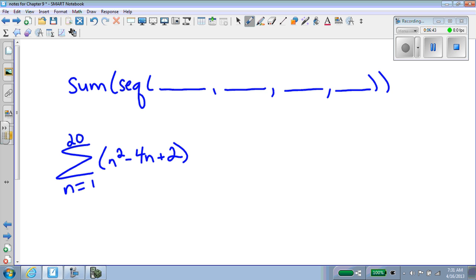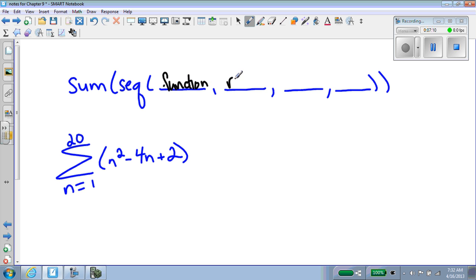Last thing, if I wanted to use my calculator, suppose it's just too big a problem. Like I want from the first to the 20th term of this polynomial n squared minus 4n plus 2. There's just no way I'm going to do that longhand. So the calculator has a setup, sum of a sequence, and then what goes in here is our function.